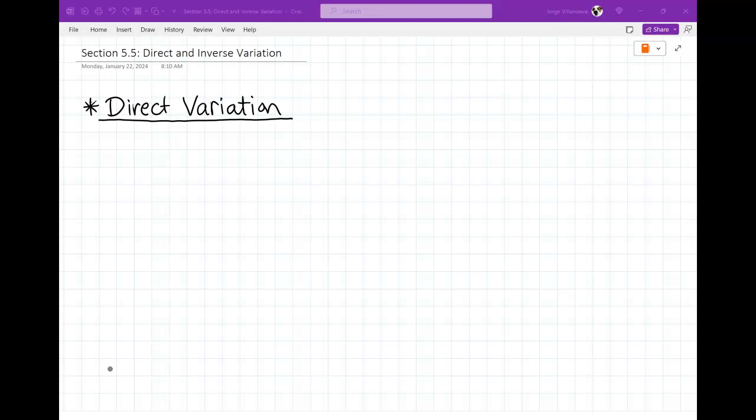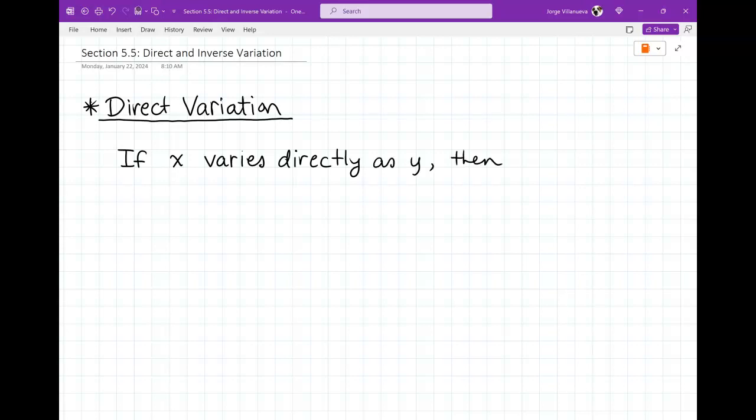So direct variation, here is the definition for it, okay? So normally, well, not normally, but sometimes you'll see this statement in the very beginning. It'll say, if x varies directly as y, then, so if x varies directly as y, meaning like x and y are directly related, so they're going to have direct variation, okay?